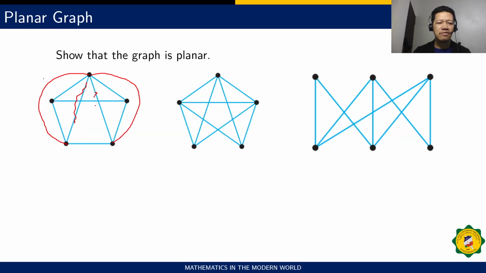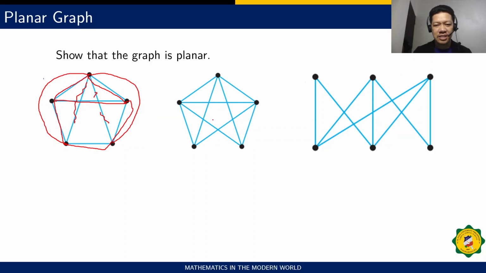Removing this line here, there will be no intersection, so the graph will become like this one. As you can see, there are no more intersecting lines, and we can say that the original graph here is a planar graph.